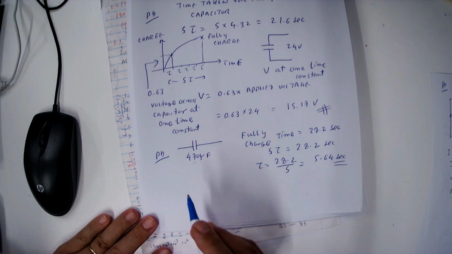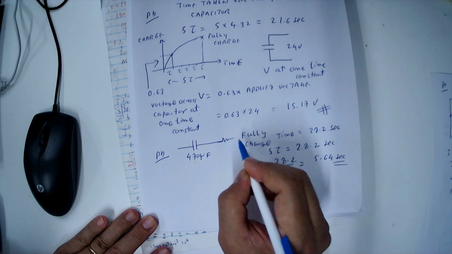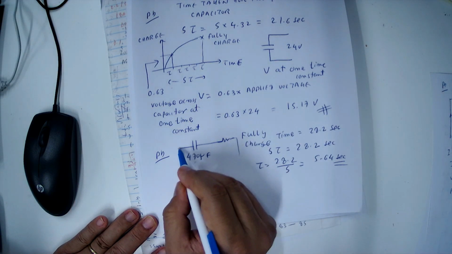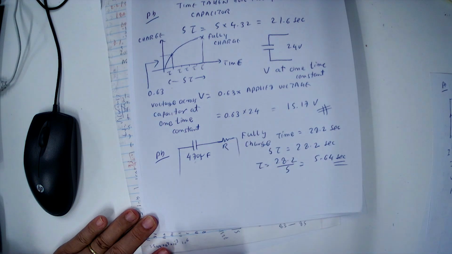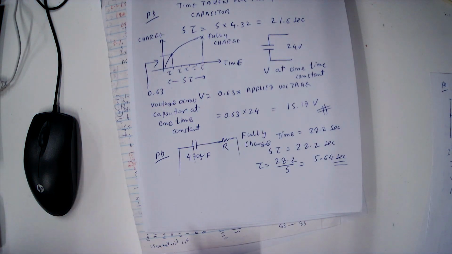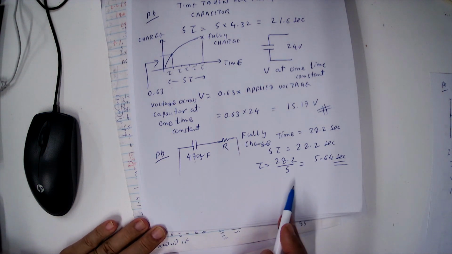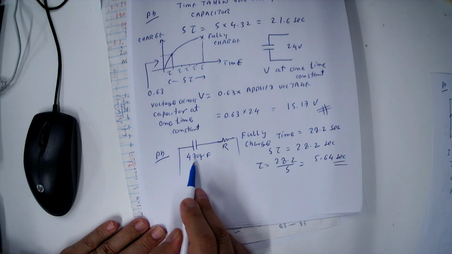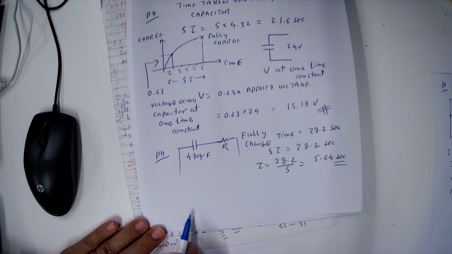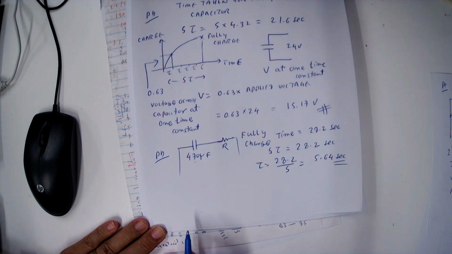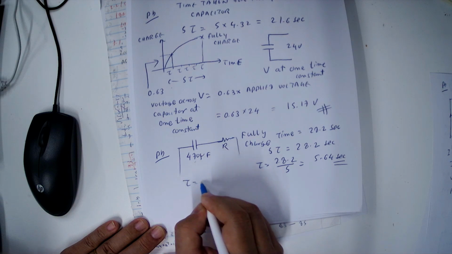Then we also need to calculate the resistance, because the time constant means the capacitor and resistor are connected in series. To get the time constant of 5.64 seconds, the capacitor value we know is 470 microfarad. We need to calculate the resistance value. So we write down the equation tau equals RC.